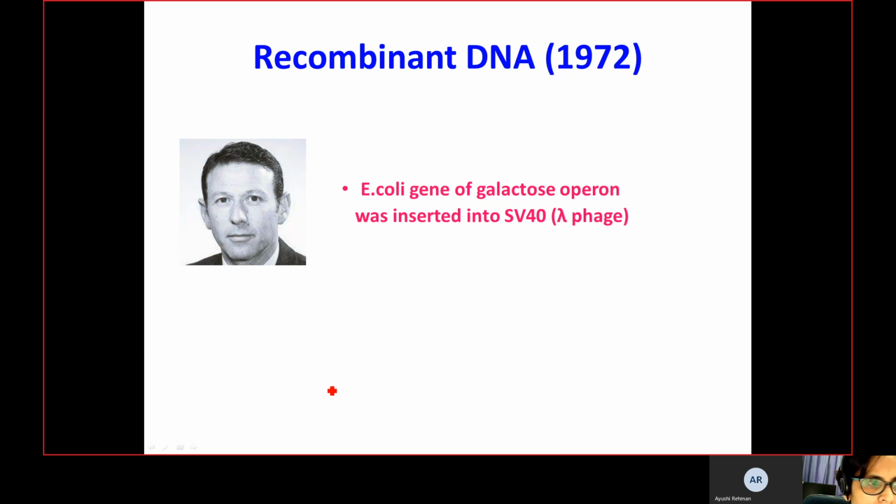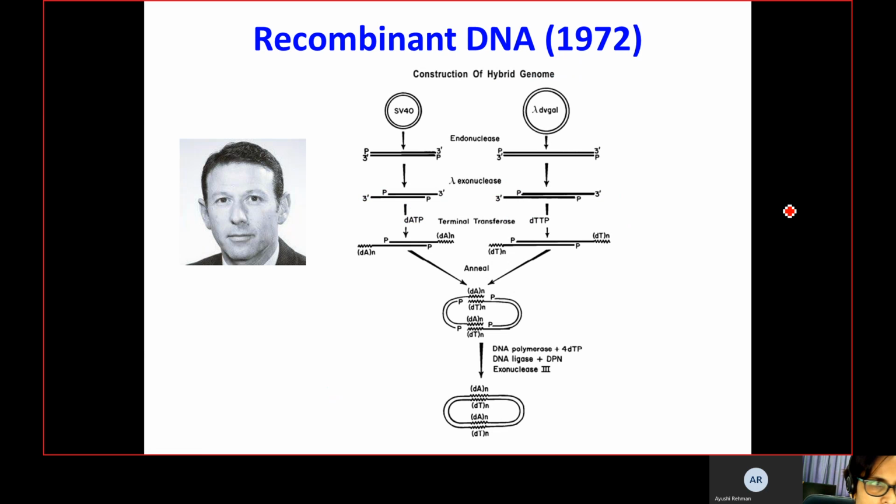With this in his mind, he started his work. He used the SV40 vector as shown here, which is a small vector of around 5 kb, and he also selected an E. coli plasmid containing a 10 kb gene of galactose. Then he started his work.